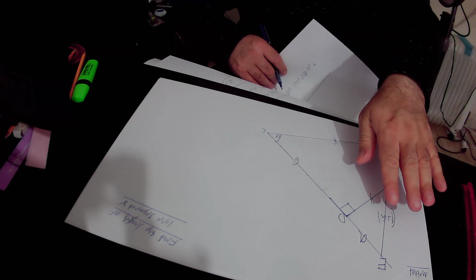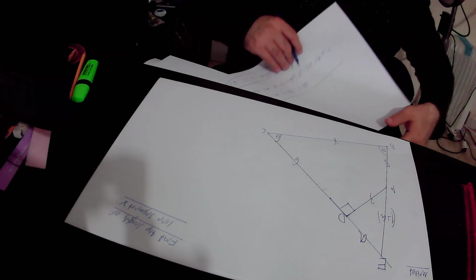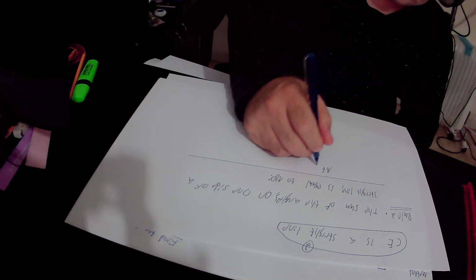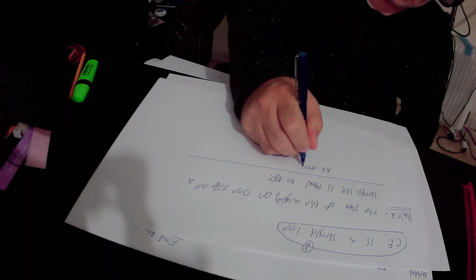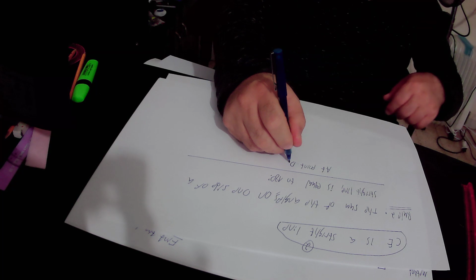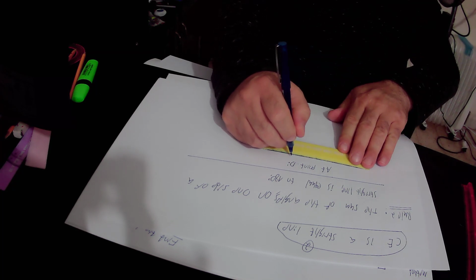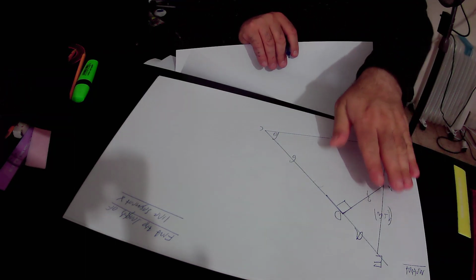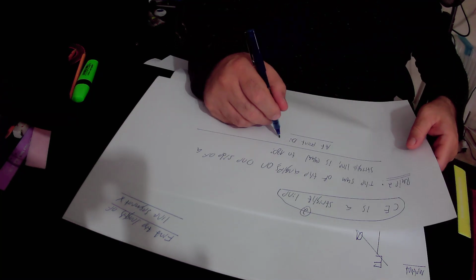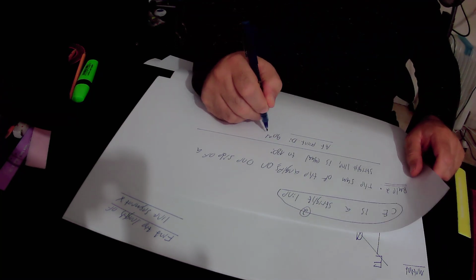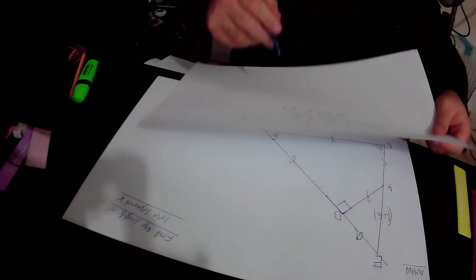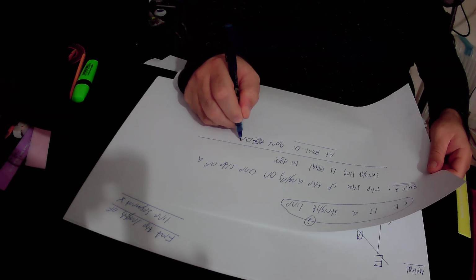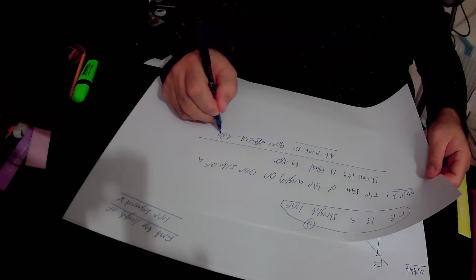In total, the sum of those two angles must be equal to 180 degrees according to rule number 2.